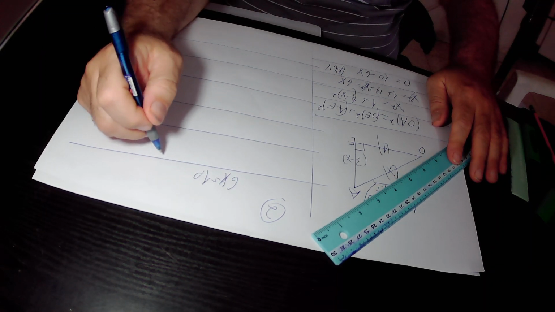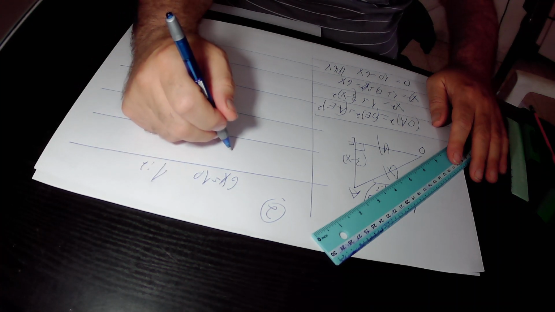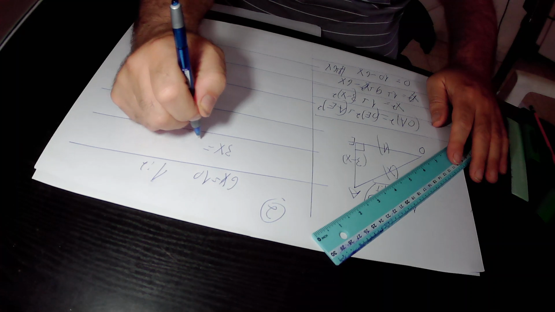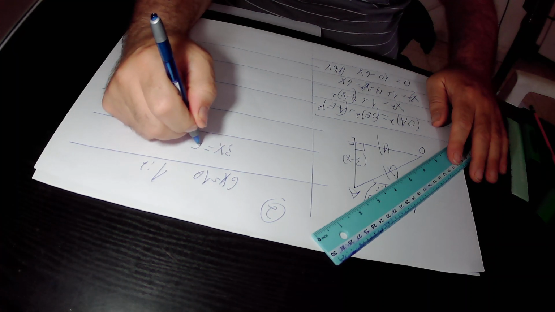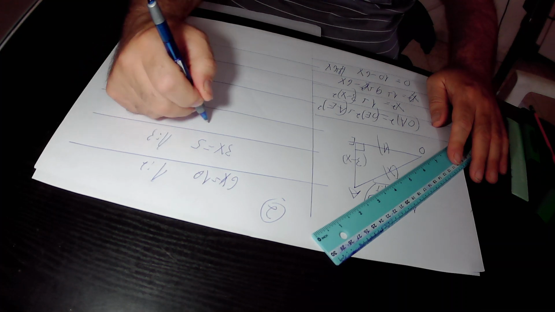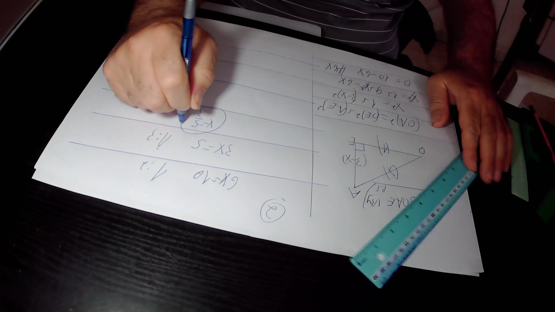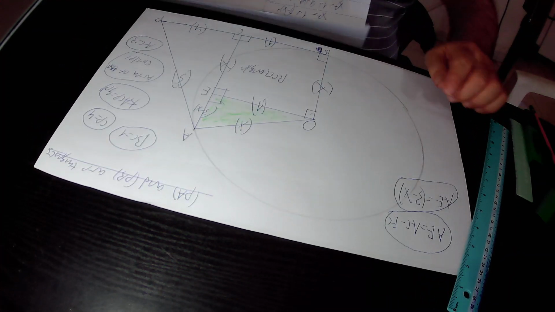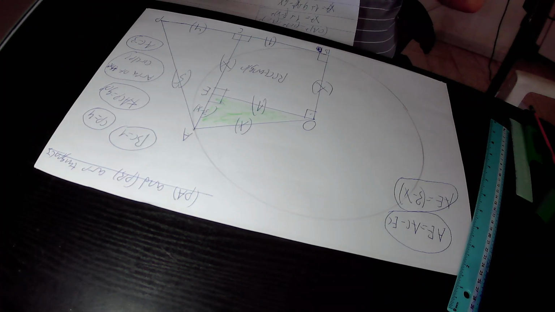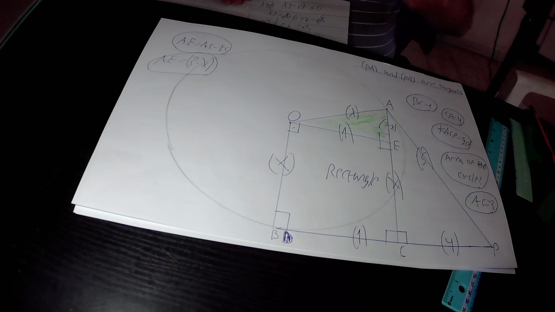Here we divide this equation by 2, and finally we get that 6x over 2 is 3x, equals 10 over 2 is 5, so 3x equals 5. Here we divide this equation by 3, and finally we get that x equals 5 over 3 units in its length. So we found that the radius x of this circle is equal to 5 over 3 units in its length. Our mission is to find the area of this circle.